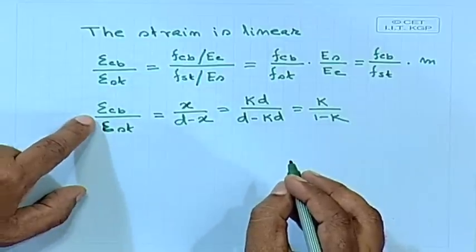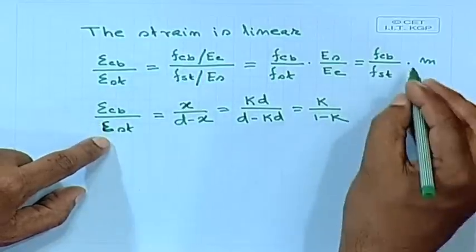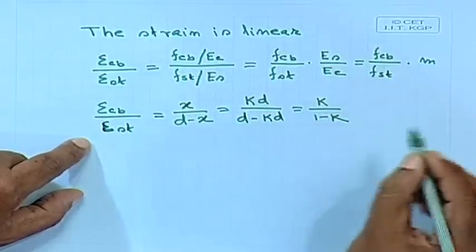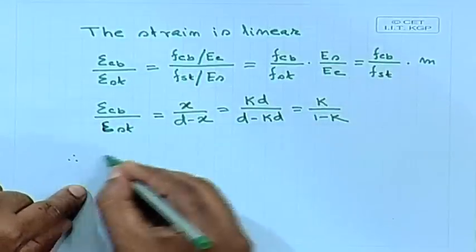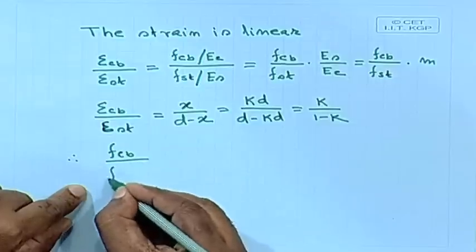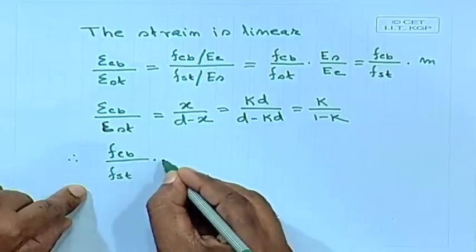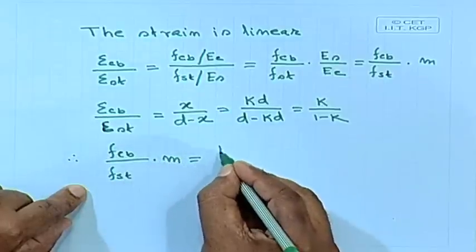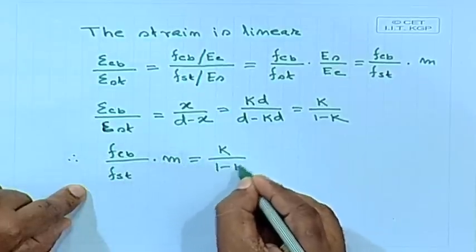Now, epsilon_cb by epsilon_st equal to F_cb by F_st times m. So, we can write F_cb by F_st times m equal to k by (1 minus k).